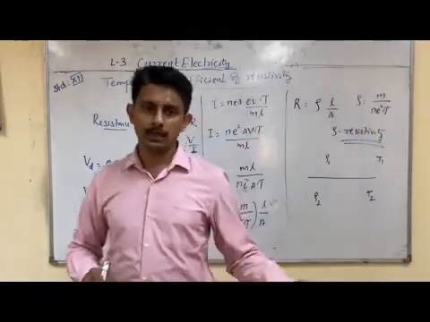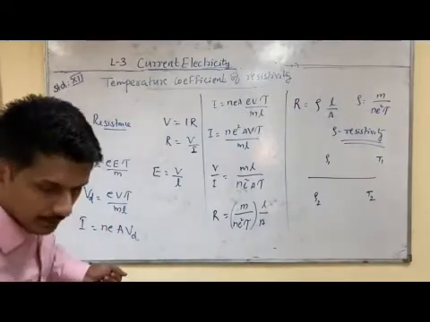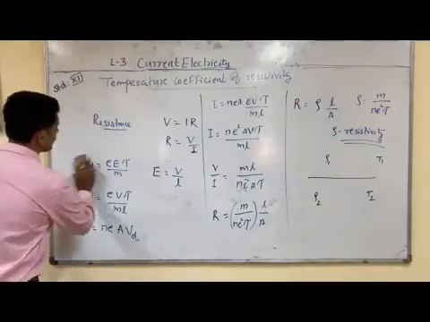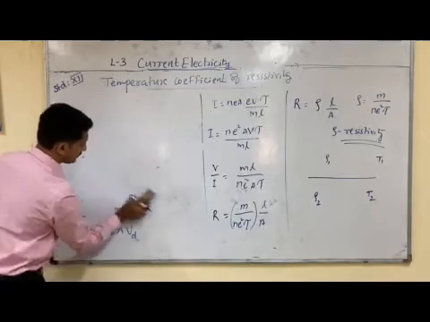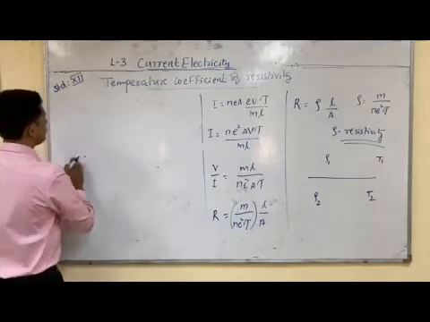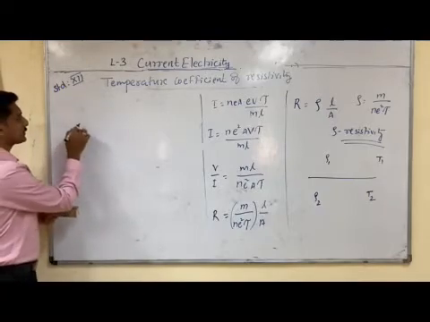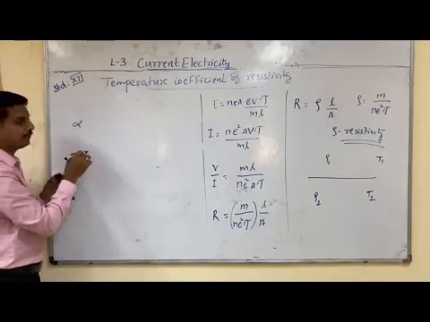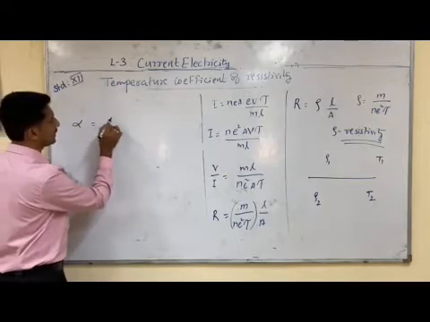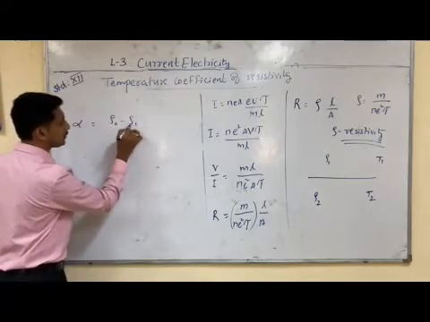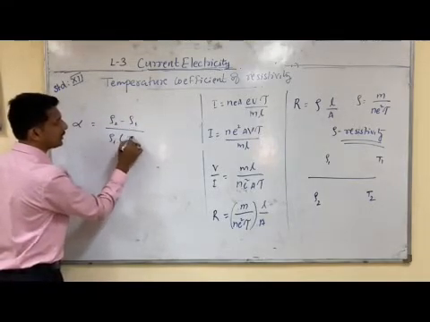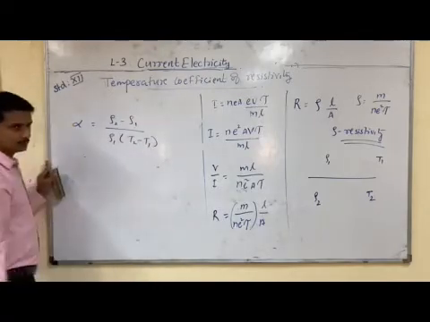Now we can introduce a new term known as the temperature coefficient of resistivity, represented as alpha. Alpha is equal to rho 2 minus rho 1 divided by rho 1 into T2 minus T1.